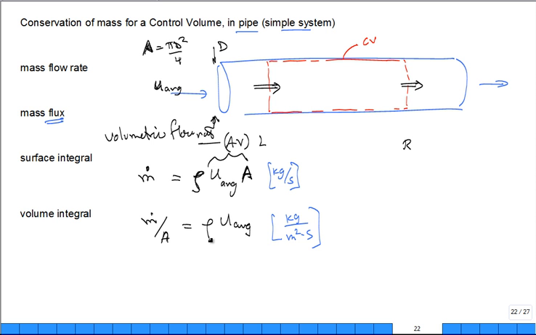Now, when we want to do a more sophisticated job of in and out, what we'd introduce is the control volume, and then everywhere along the surface of the control volume, we're going to have a little unit vector that's outward directed. How many people have seen this little unit vector that's outward directed? Often that's given the symbol n.